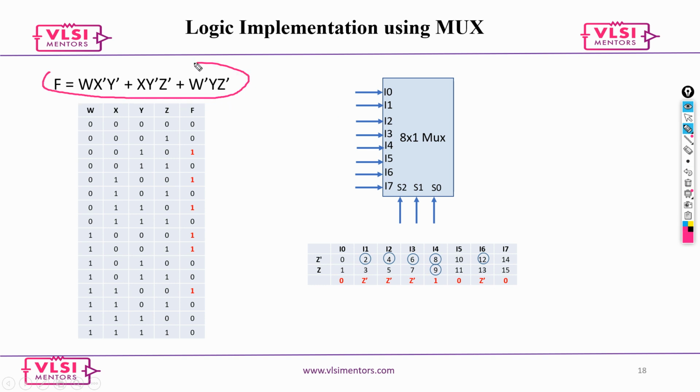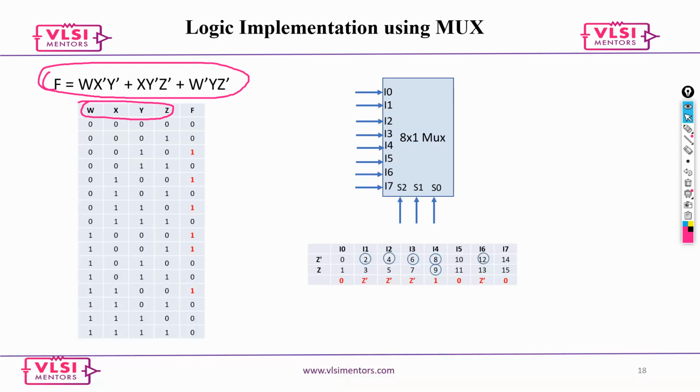Assuming this is your equation that you wanted to implement using mux, how many variables are there? There are four variables. When you say four variables, what does this mean? It is going to be three controls, kind of a 16 cross 1.